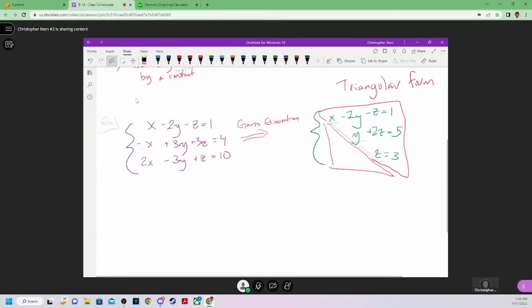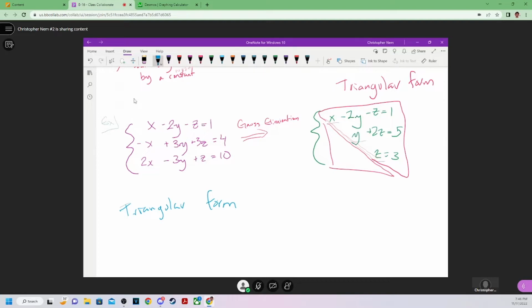So we're going to say that triangular form. This is nice. Triangular form. Now, if you do your WebAssign, well, your WebAssign doesn't really require a leading coefficient of 1. But I'm going to say leading coefficient of 1 just for practice, and it builds you into the next section.